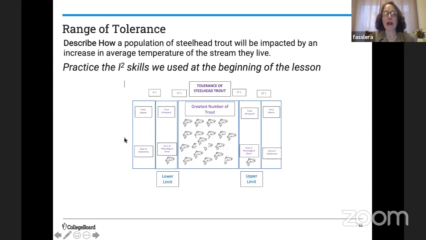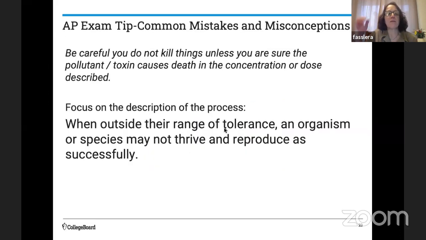And so when that temperature is outside the range of tolerance, the trout are not going to be as successful. They will be experiencing physiological stress. They won't grow and reproduce as successfully. So there's a lot of different ways I can say, once I'm outside the range of tolerance, here I'm describing how they are impacted in a nice, concise way.